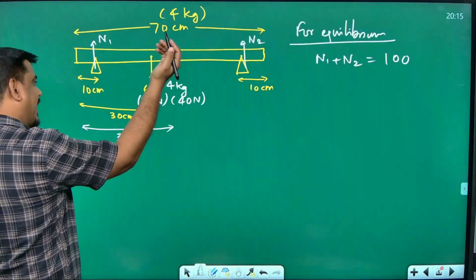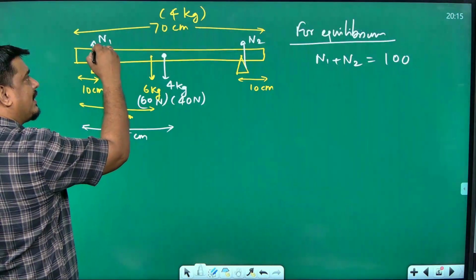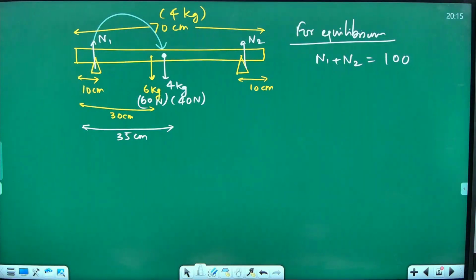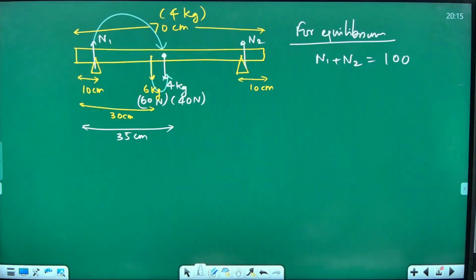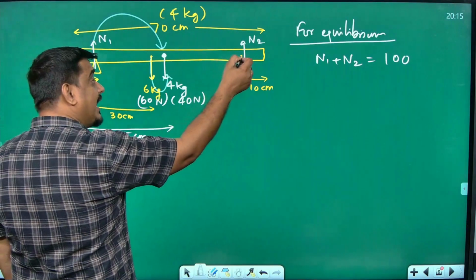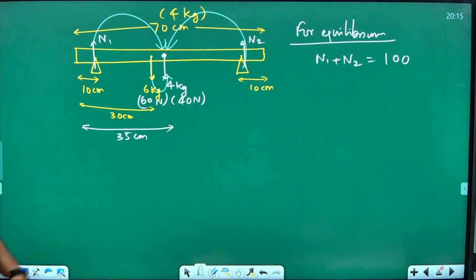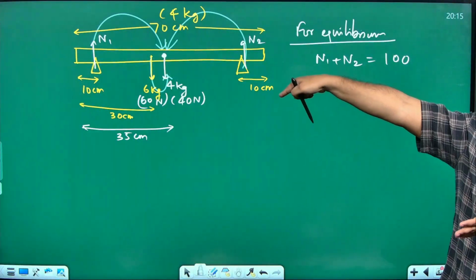We can, no problem in that. If we calculate here, then N1 will produce a moment like this. Is it clockwise or anti-clockwise? This 6 kg will produce like this, clock or anti-clock? This N2 will produce like this, clock or anti-clock? But 4 kg will not produce any moment because the point itself is at 4 kg.